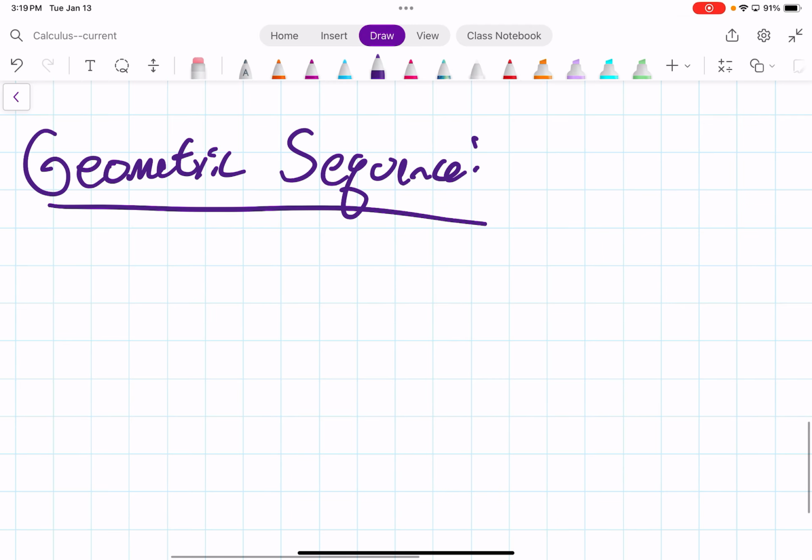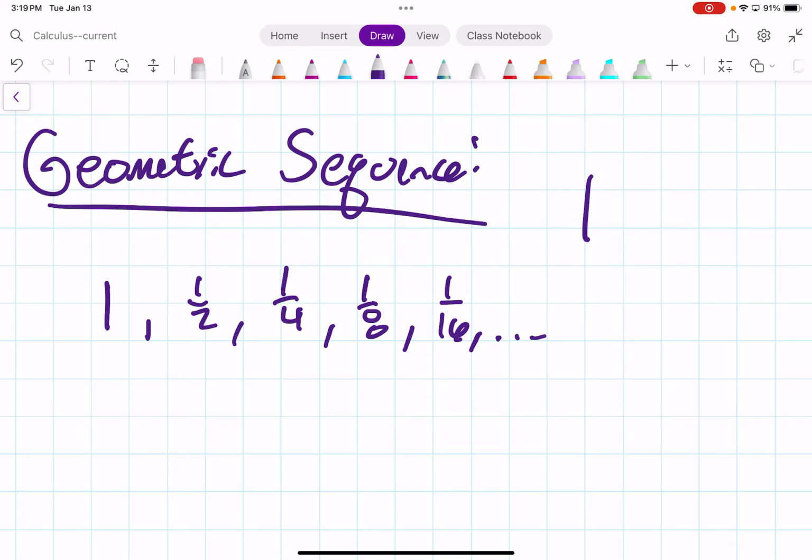Just as an example, we've actually seen some of these even. When I wrote this progression, we were adding them up, but we had this progression the other day. This was the rectangle, thinking about divide in half, divide in half, divide in half, and the areas of each of those. We were adding them up to make that argument, but if I don't add them, it would be a sequence.